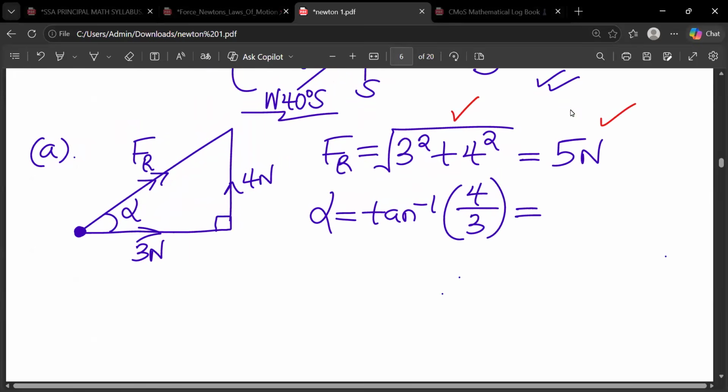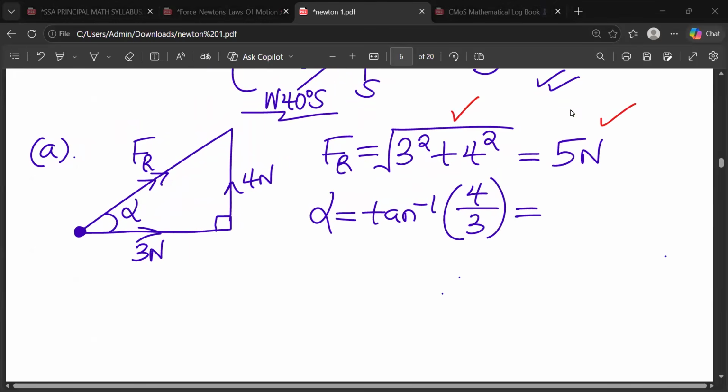Where are we? Which is the angle? People are not giving me the angle. Which is the angle? 53.13.